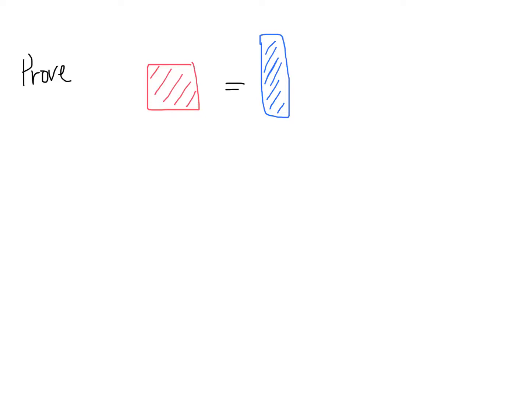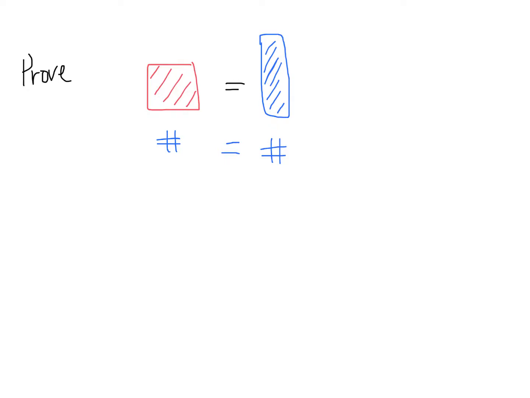Well, one of the ways you could do it is you could say, okay, let me find the length of this side, multiply them together. I'll get some number. Then let me multiply the length of this side with the length of this side, and I'll get a number. And if those two numbers are equal, well, then the areas are equal.